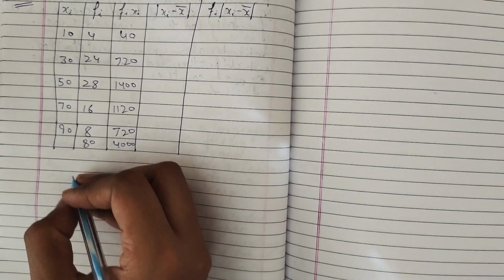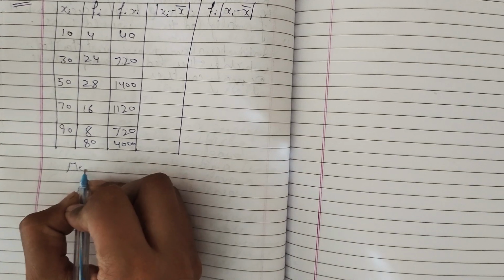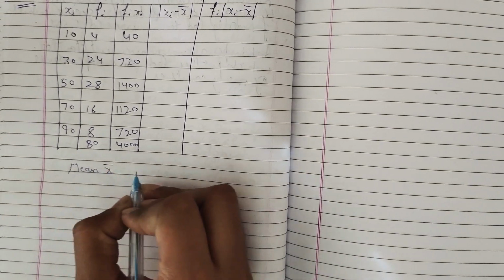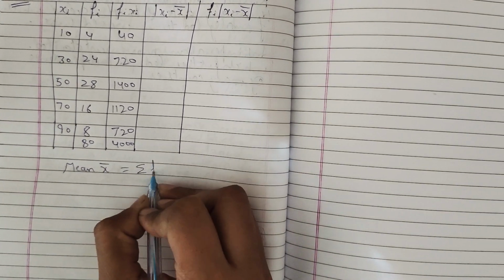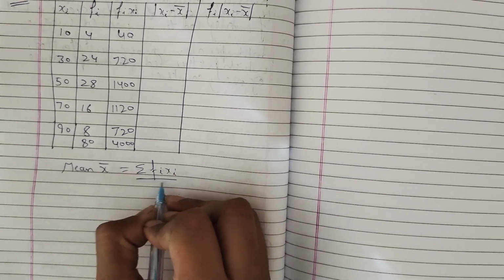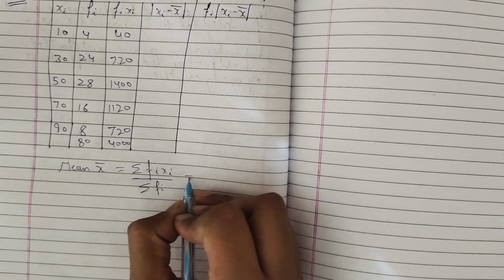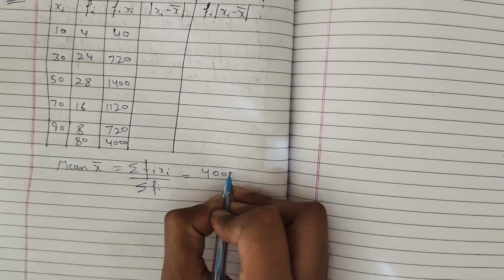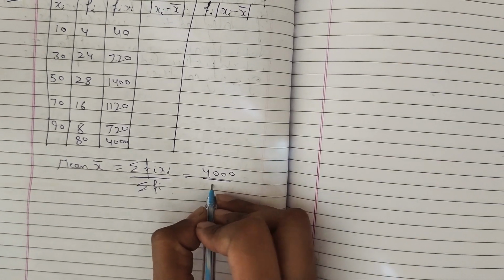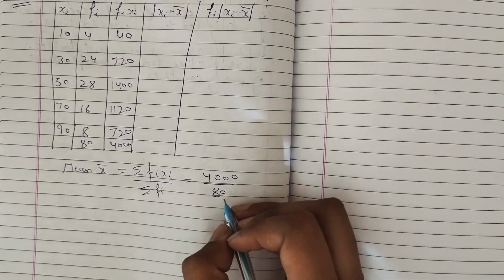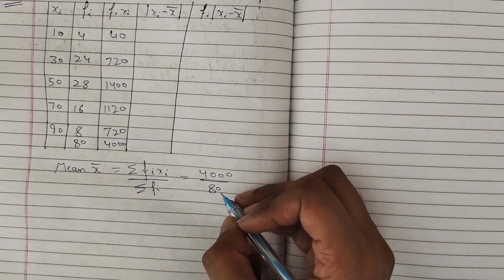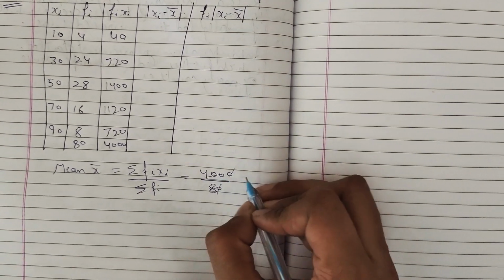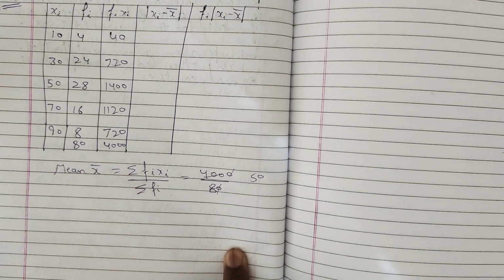So now the mean formula we know: x bar is equal to sigma fi xi upon sigma fi. Sigma fi xi means 4000 divided by 80. So 4000 divided by 80 is equal to 50, right?